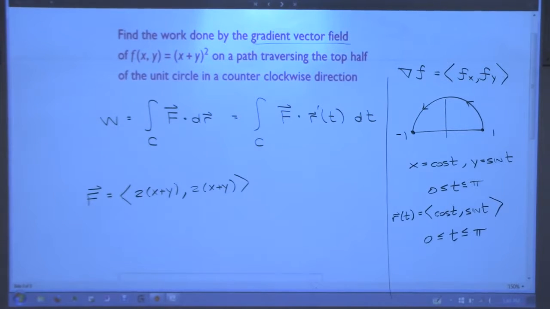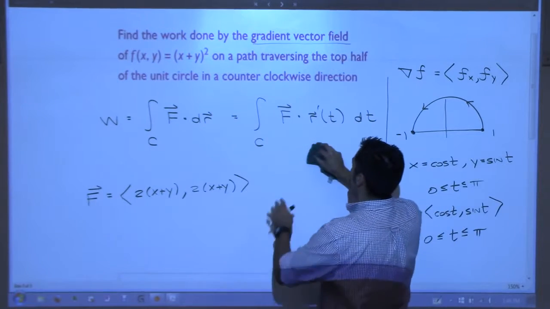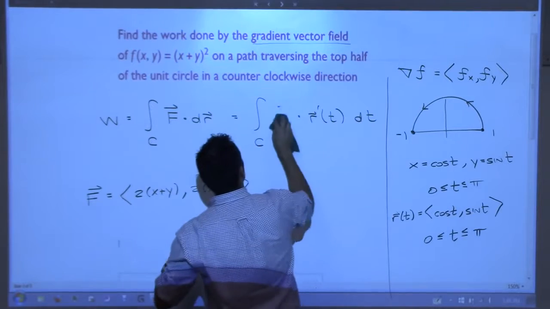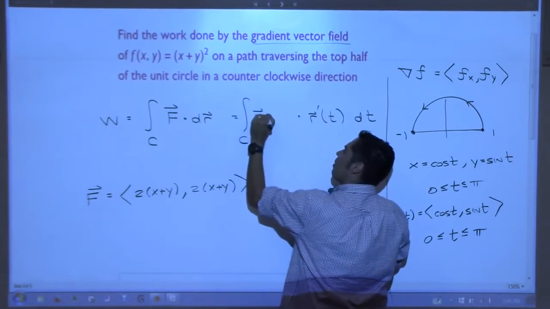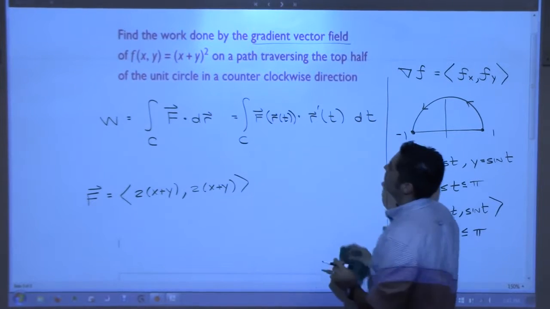You know what? I don't like my notation. I forgot something in this one. The way it was written in the previous note, what am I missing right there? F with what plugged into it? F of r of t.